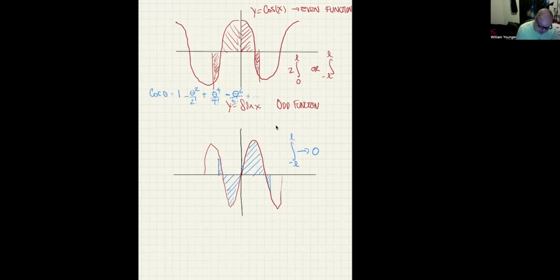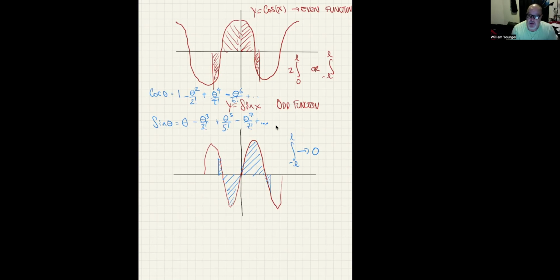Y equals sine theta turns out to be theta minus theta cubed over 3 factorial plus theta to the 5th over 5 factorial minus theta to the 7th over 7 factorial plus dot dot dot. So that's where the naming comes from: odd functions act like functions whose variable x is raised to an odd power, and even functions act like functions whose variable x is raised to an even power. So anyways, hopefully that helps.